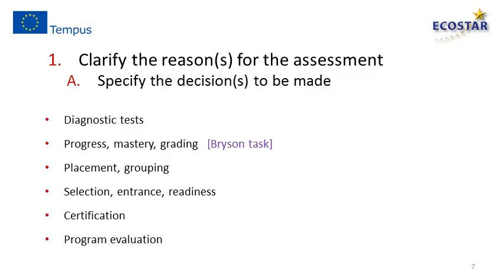Selection tests, entrance tasks, readiness assessments. These are in order to identify individuals that are either far behind or far ahead of the rest of the group for placement into special advanced programs or perhaps remedial programs.